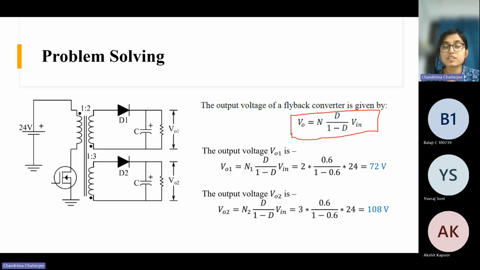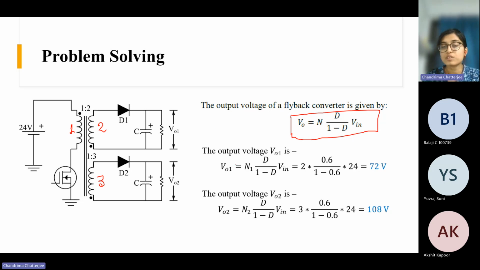The turns ratio is 1:2 for this winding, and for this winding it is 1:3. Suppose the primary has one turn, then this winding will have two turns and that winding three turns. That's what turns ratio means. So if this is 10, it would be 20 and 30. That 1:2:3 turns ratio is maintained.